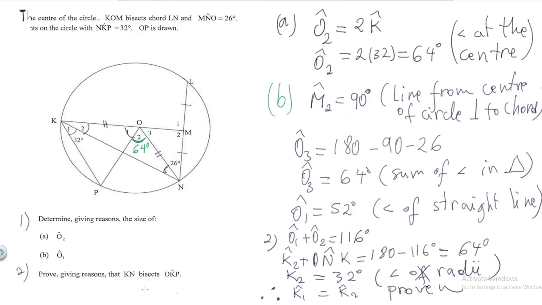So we come to the conclusion, we'll say KN bisect OKP, because to prove that KN bisect OKP, it means that you have to prove that K1 is equal to K2. This is what we prove.